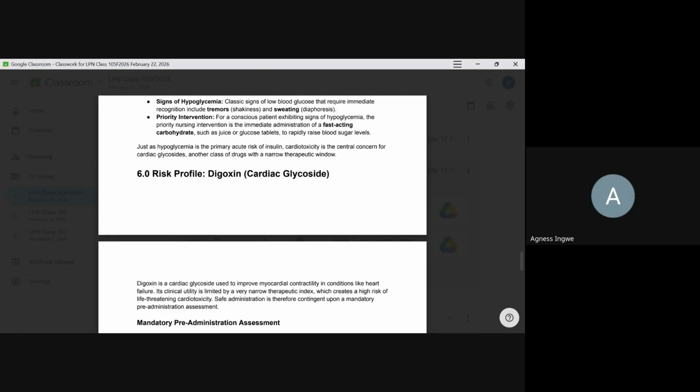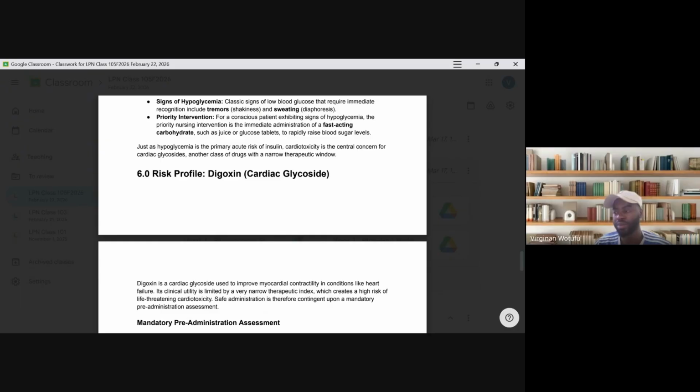You have to check for vitals before administering. Correct. You assess the patient, right? You assess the patient before administering high alert medications. Another, what do you do? Double check, right? You just made mention of all those important keynotes already.